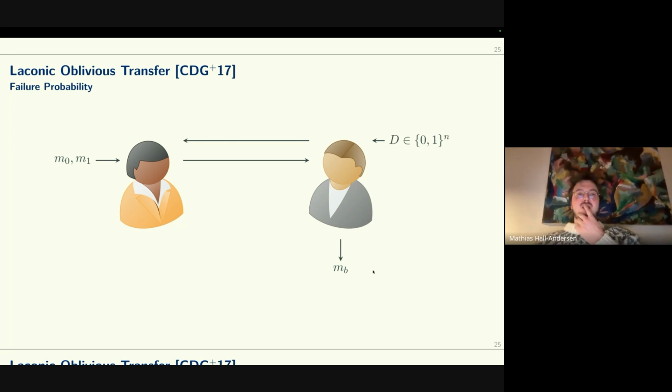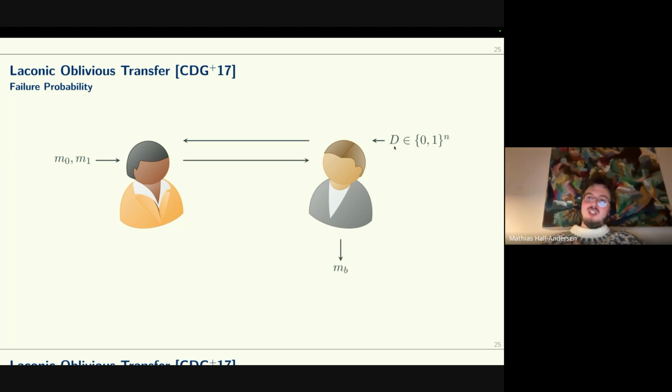So Laconic OT extends this to saying, hey, you have a set of choices, right? For instance, you must pick 1 out of 2 ice cream flavors, 1 out of 2 countries, or whatever your favorite color is, 1 out of 2.